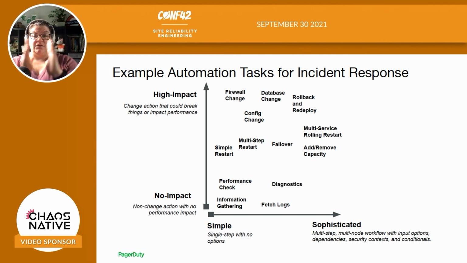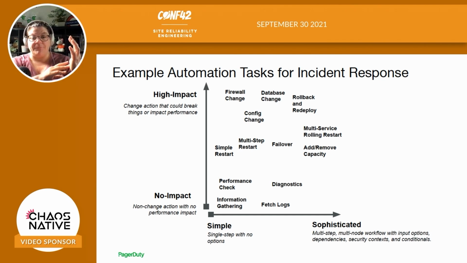And then across the y-axis, we have things that are simple, maybe a single step, and then more sophisticated things that might be multi-step or multi-node or complex workflows or need a little bit of orchestration, right? So if we're struggling with what things should be automated, you can make a list of tasks and plot them out for your team so you can tackle the things that are no impact and simple, the things on the bottom left, to give yourself some confidence in building automation.